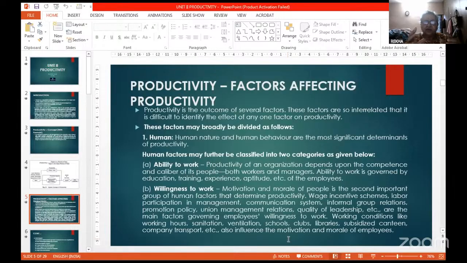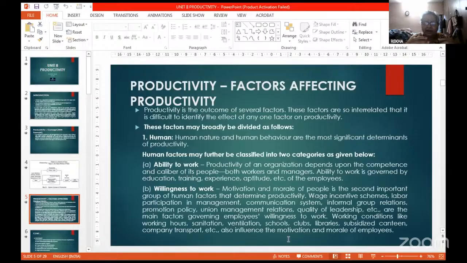First is your human factor. Human nature and human behavior are the most significant determinants of productivity. As yesterday also I had told you, now from the fourth, you have first generation of operations management, second generation, third generation, fourth.